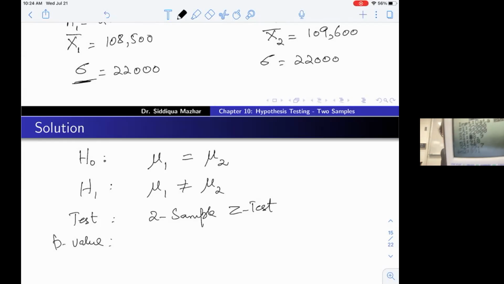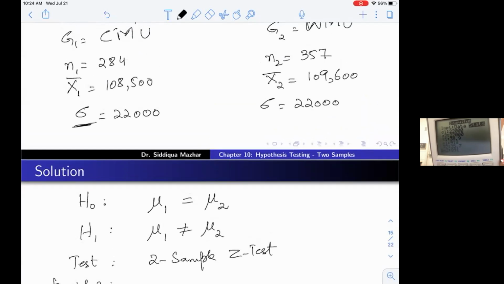X1 is on average the salary for Central Michigan University, and X2 bar is the average salary for the Western Michigan University professors. So X1 is 108,500. Sample size 284.